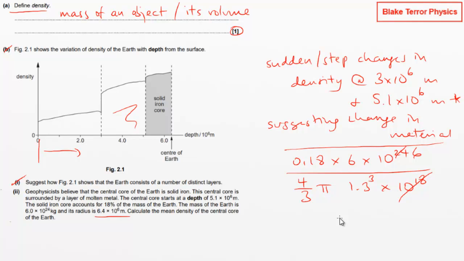So what have we got here? 0.18 times 6 is 1.08, as you'd expect, divided by pi, divided by 1.3 to the power of 3. That's that bit. Then we divide by 4, then we multiply by 3, which ends up giving 1.17 times 10 to the 6. So we'll say 1.2 times 10 to the 5 kilograms per meter cubed. So that was fairly straightforward.